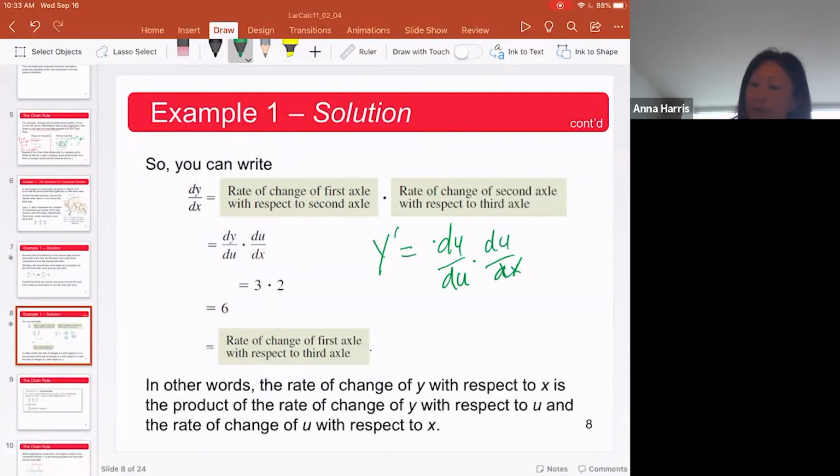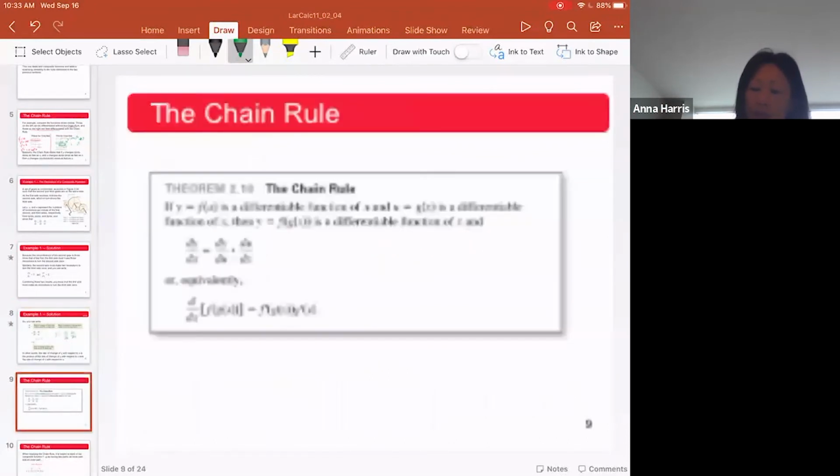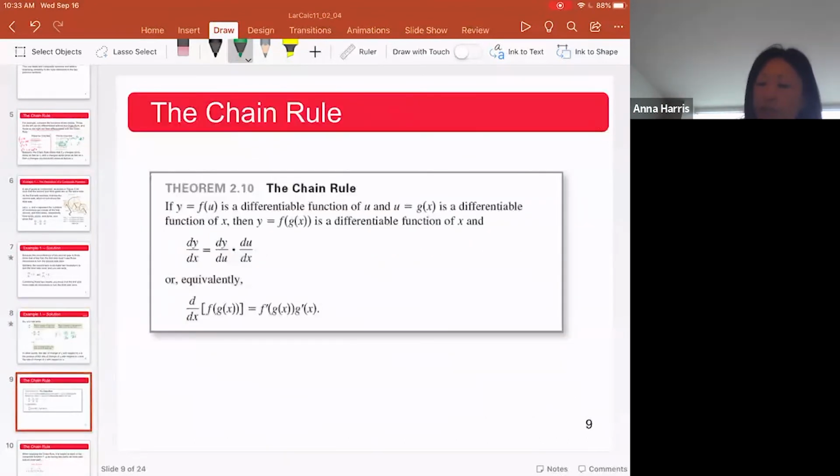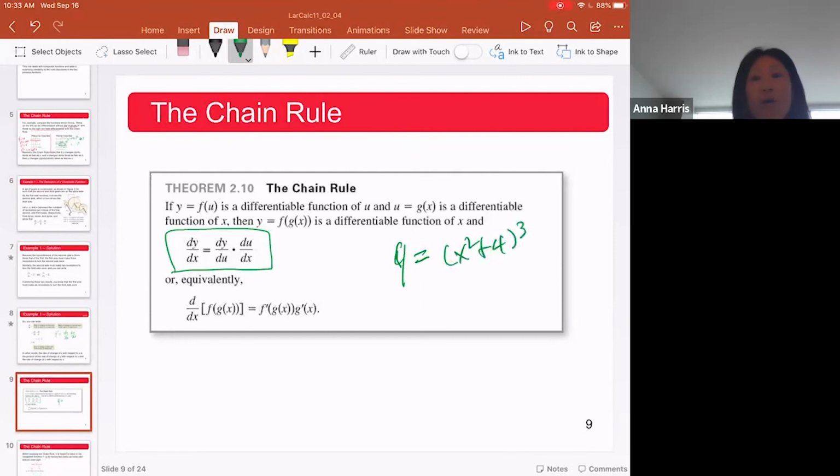When you see this right here, this is what I did. For a problem like this, if I give you, say, y is equal to x squared plus 4 to the third power, then how did you find this problem?